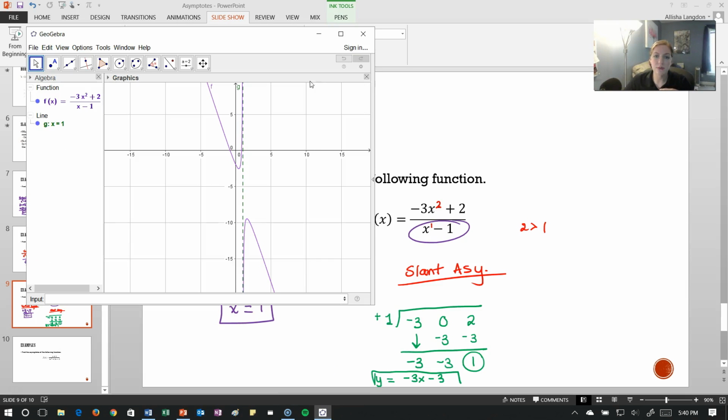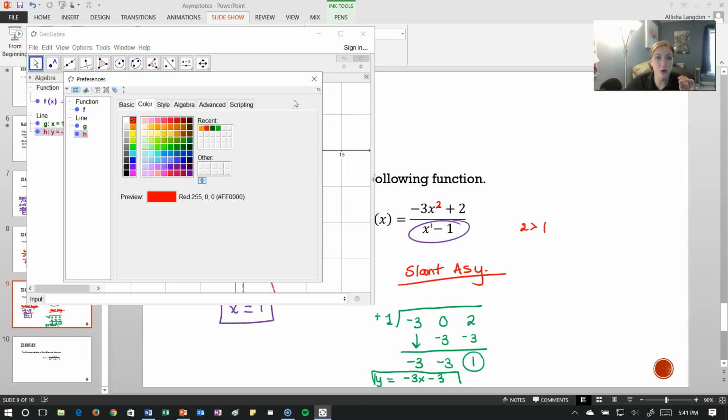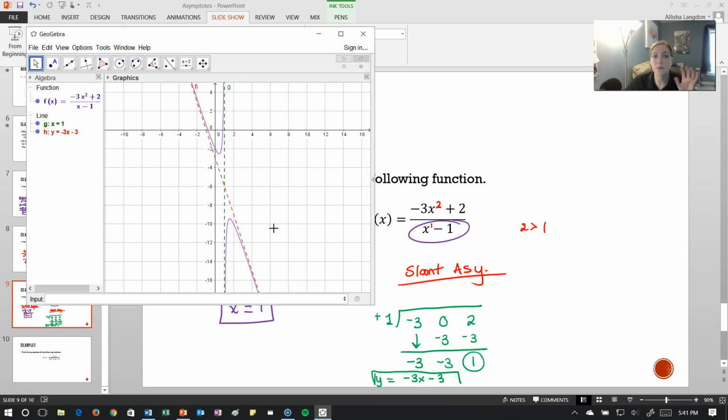So let's graph it to make sure it is. So y equals negative 3x minus 3. Ooh, look at that. It fits the graph perfectly. Enter. And we're going to go ahead and change that to a different color and dash it because it is that invisible asymptote. It's not actually part of the graph.